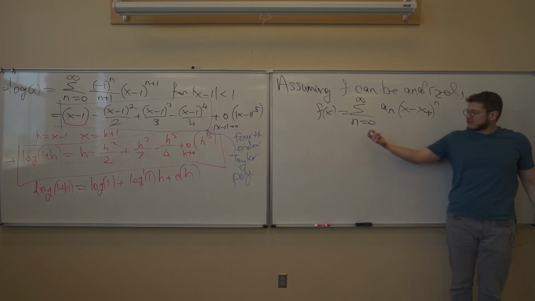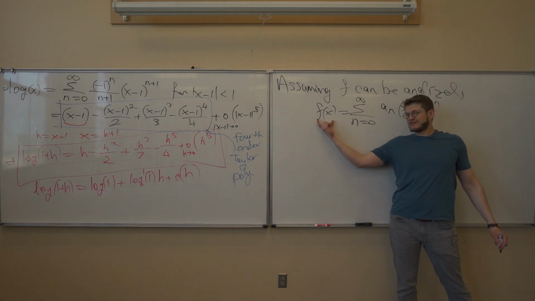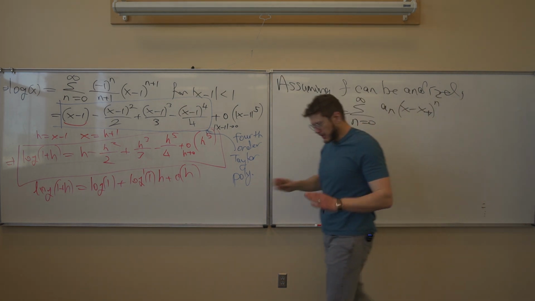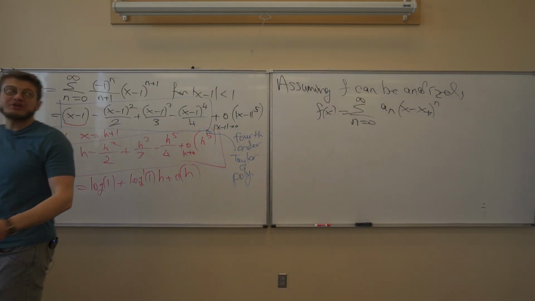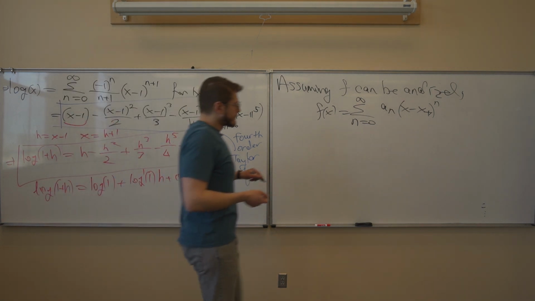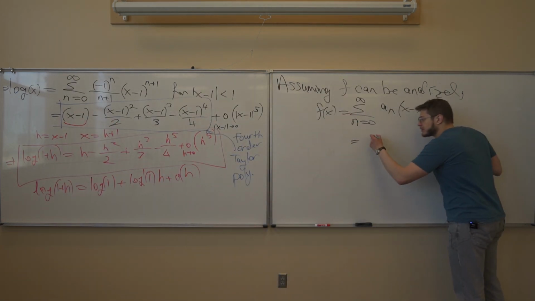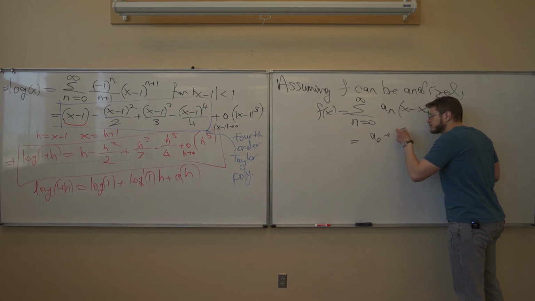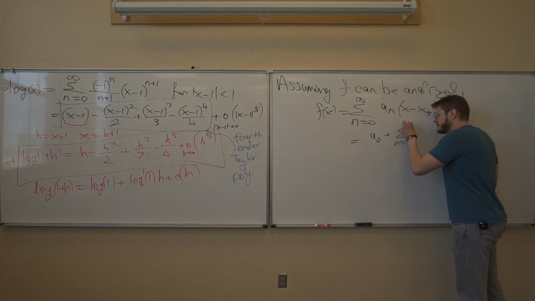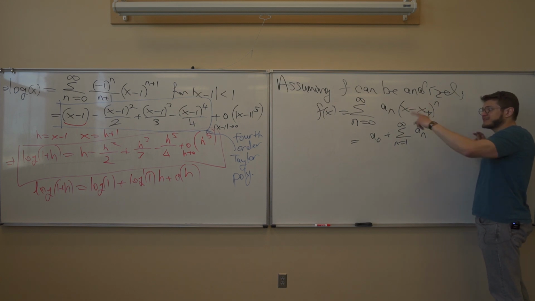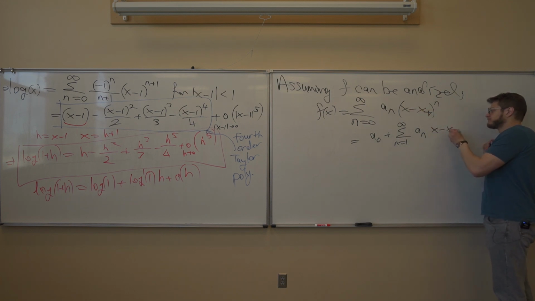In a sense, if you know f to some extent, the a sub n's are determined by f together with x star. Because you see, this is a0, and then n from 1 to infinity. I just separated the 0th term.